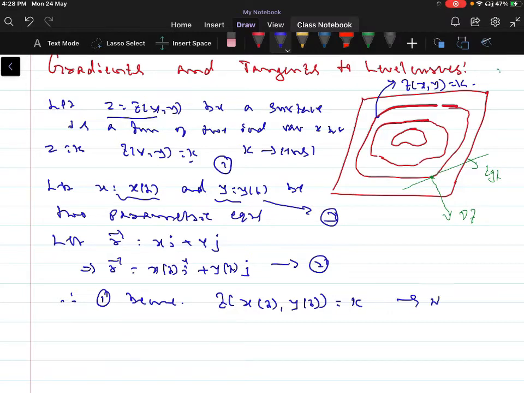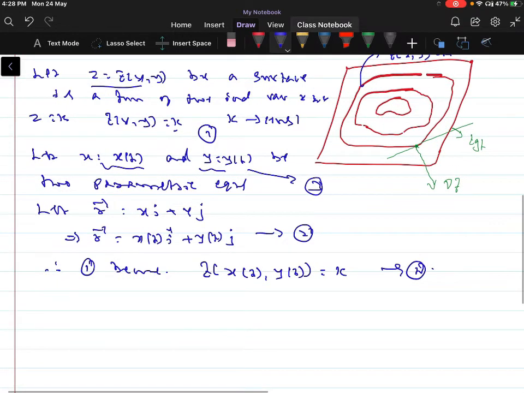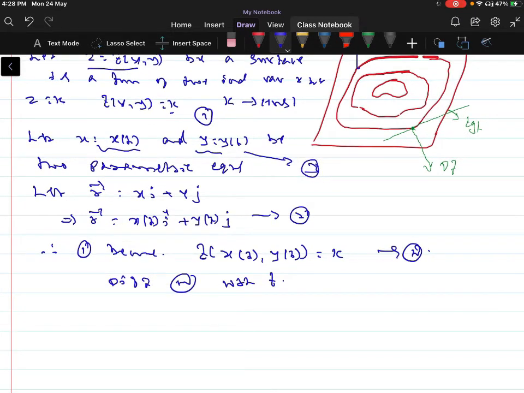Equation number 4. Now differentiate 4 with respect to t. We get, so f is a function of x and y, where x and y are functions of t. You have to use the chain rule here.